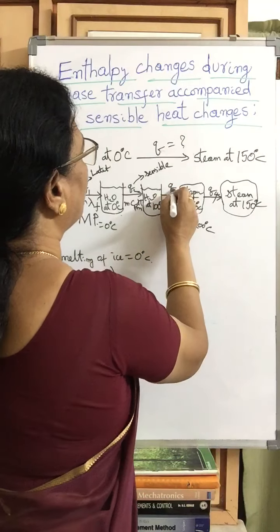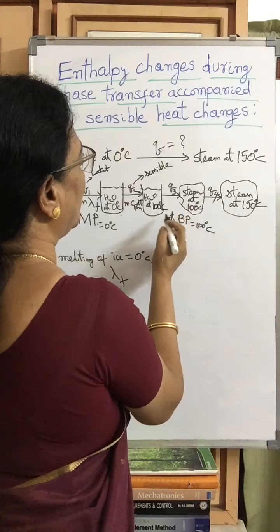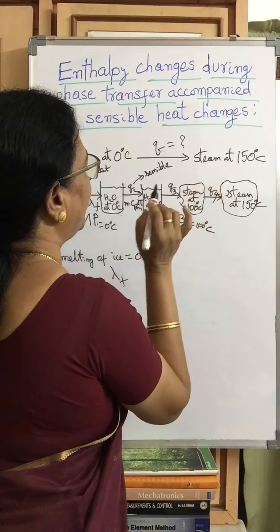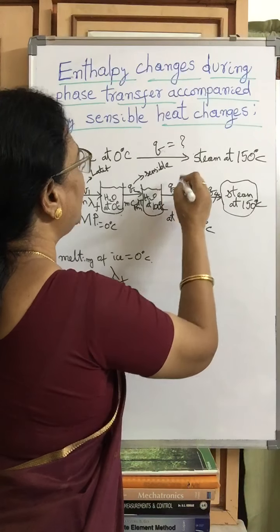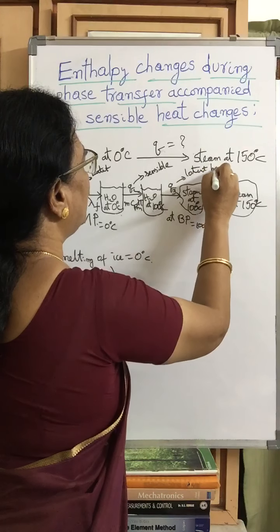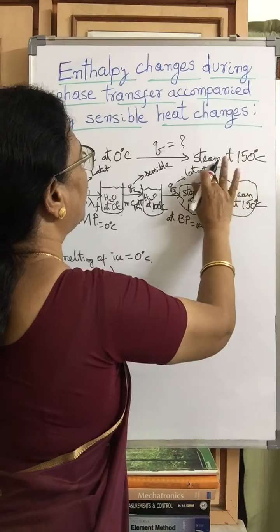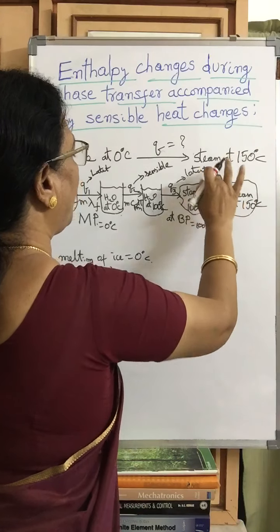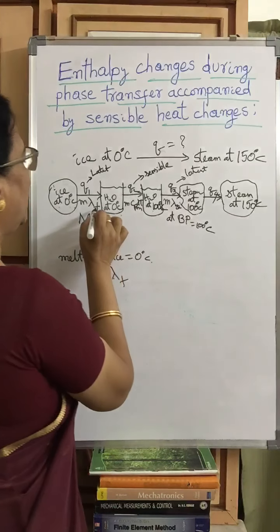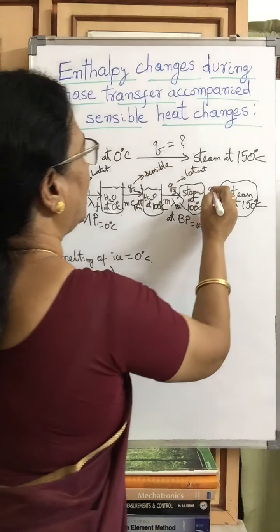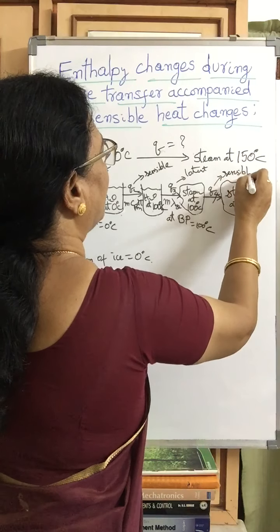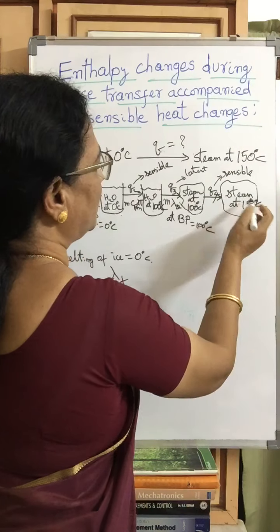Then Q3. What is Q3? Water at 100 to steam at 100. So this is again latent heat, M lambda V. Here lambda F, here lambda V. Then Q4 is sensible again, because here also it is steam, no phase change.